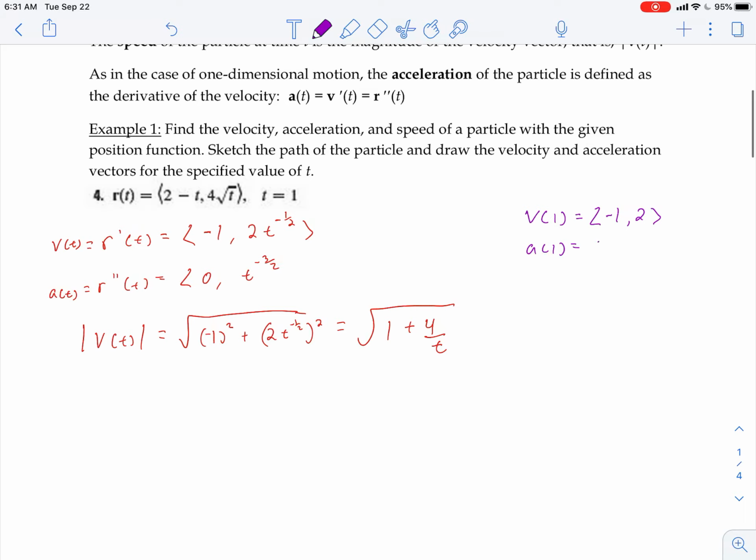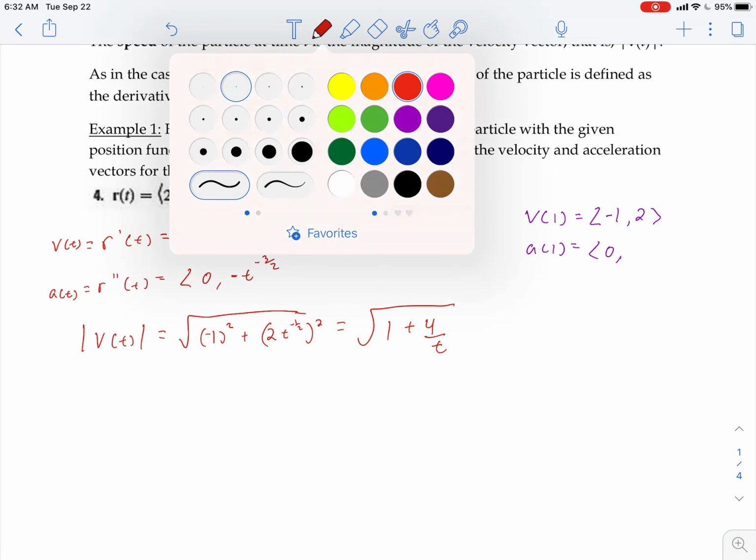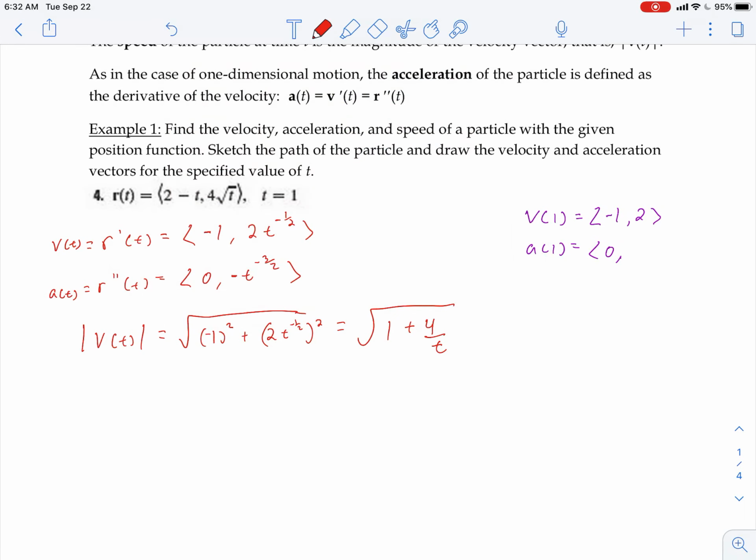Acceleration at 1, our x component is going to be 0. Our y component, plug it in, and don't forget the negative there, I did forget my negative. So we get -1 for our acceleration vector.